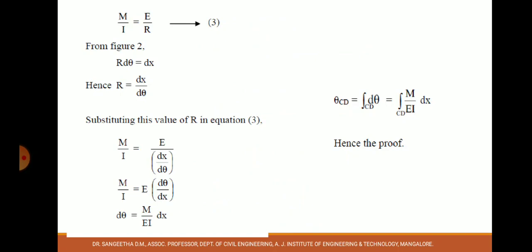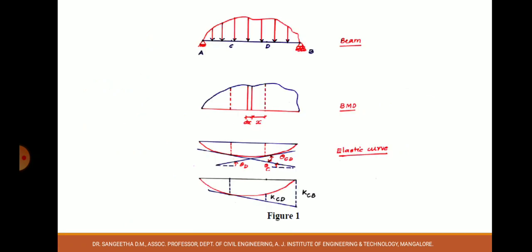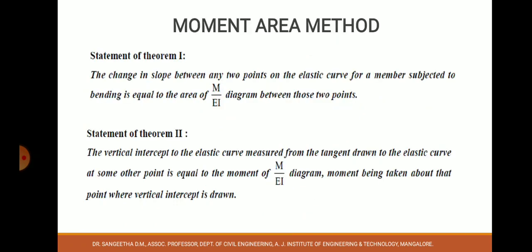Now with this figure we will go for the derivation. We know the engineer's equation, the basic statement of theory of bending: M by I is equal to E by R. Then R into d theta is equal to dx, so R is equal to dx by d theta by the definition of curvature.